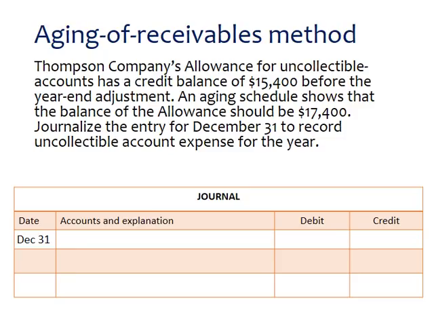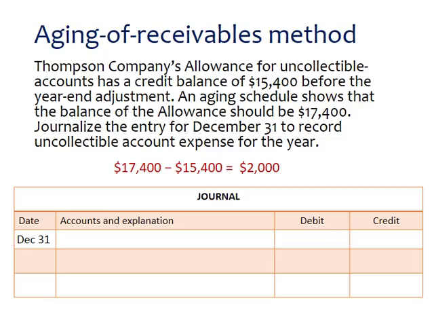To calculate the amount of uncollectible expense using the aging of receivables method, we will compare the total that the aging schedule shows to the balance of the allowance for uncollectible accounts. In this case, an aging schedule shows that the balance of the allowance should be $17,400.